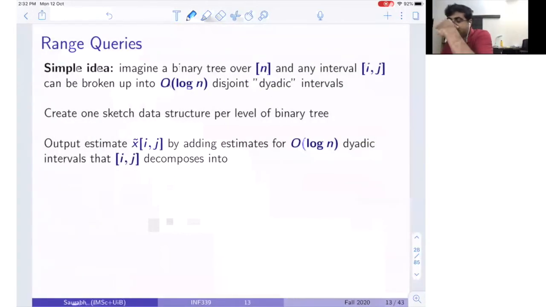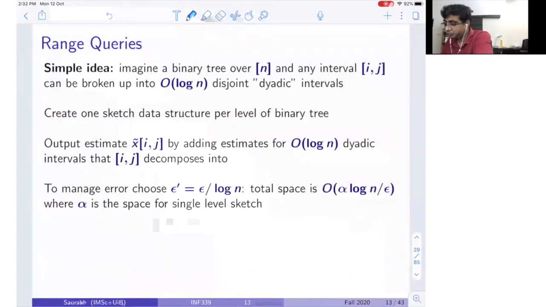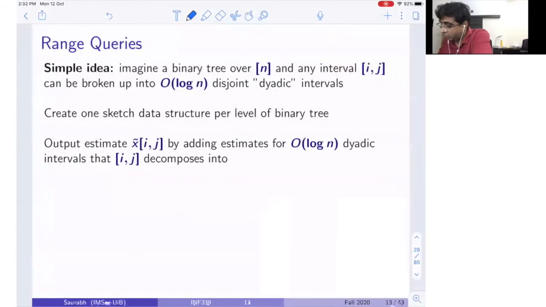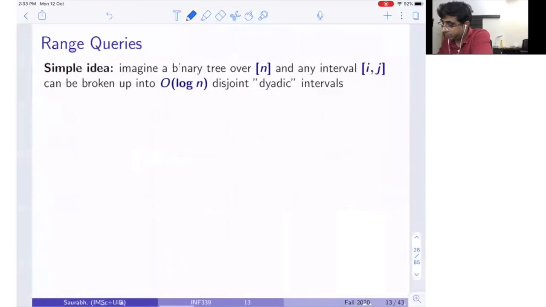Output the estimate x tilde ij by adding estimates for the order log n dyadic intervals that ij decomposes into. And to manage error, we will choose epsilon prime equal to epsilon over log n. So the total space will be order alpha log n over epsilon, where alpha is the space for a single level sketch.